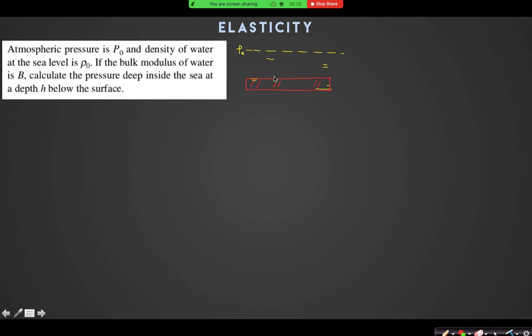Due to that stress, which is a volumetric stress, the volume will change and the length will compress. As the volume decreases, although mass remains the same, the density of this particular layer will increase. And as you move downward, the density will increase more, as the force from the water column above it increases.